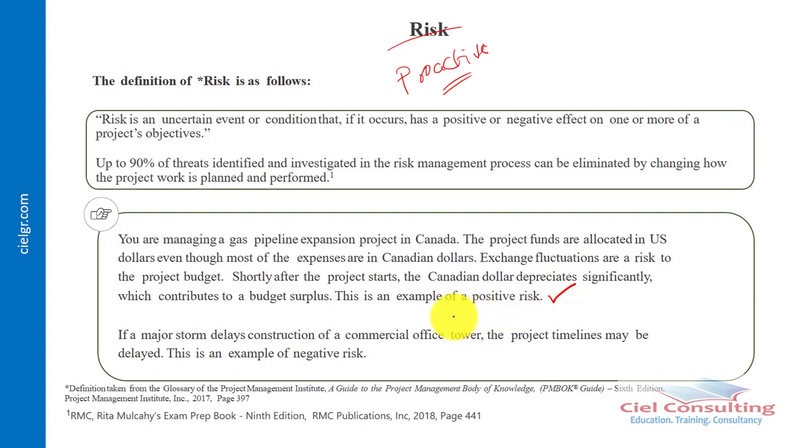But if, on the other hand, the Canadian dollar increases and does better than the US dollar, it might begin to affect this project negatively, because the project was denominated in the US dollar. And if a major storm delays construction of a commercial office tower, the project timelines may be delayed. This is an example of what we refer to as negative risk.